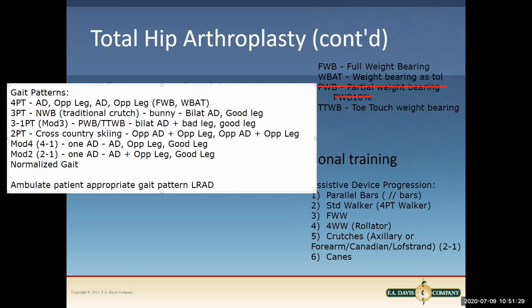Use your best judgment because you're going to see the patient longer than me. So see the patient, figure out what gait pattern's best for them. And what does LRAD mean? It doesn't mean left, right, assistive device. That's a good guess, though. Does anyone know what LRAD means? That's the first time I ever had that guess, by the way.